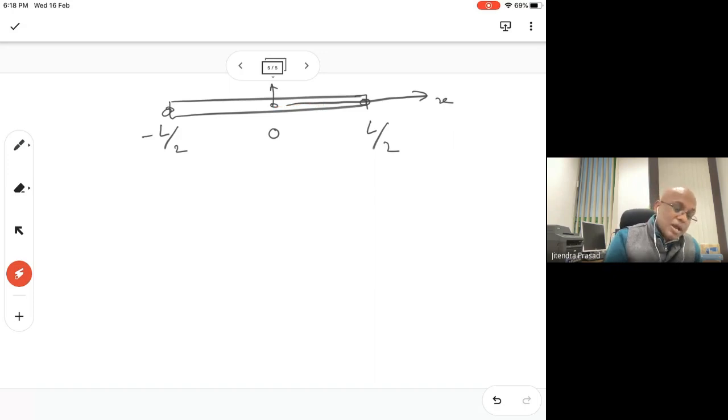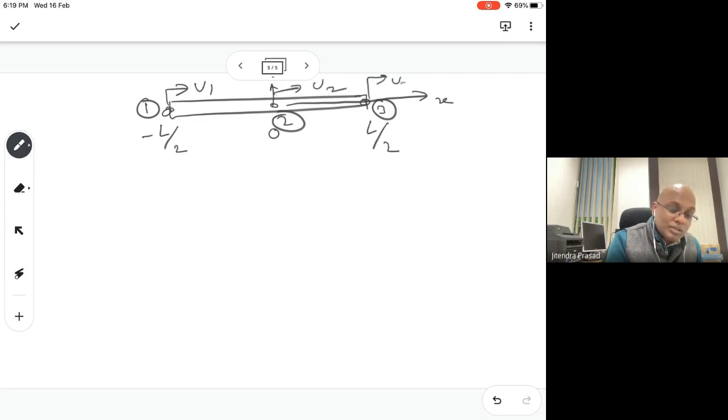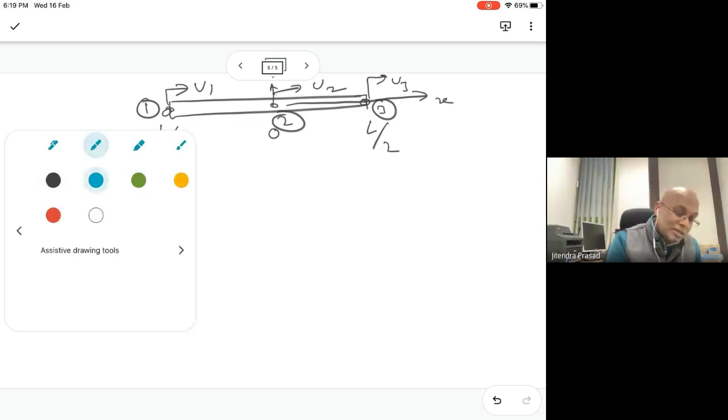So given this, instead of going into weak formulation and all, we can also do it directly. That's the message, and how we can do it is what we are doing. So we have u1 at node number 1, u2 at node number 2, and u3 at node number 3. Similarly there will be forces also acting here.